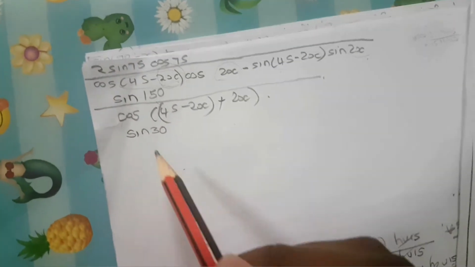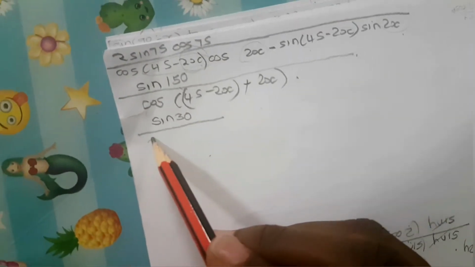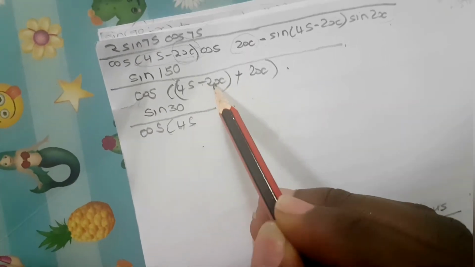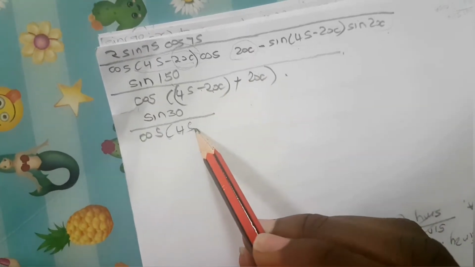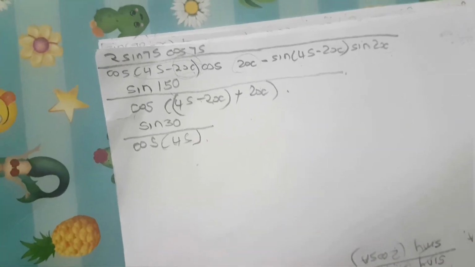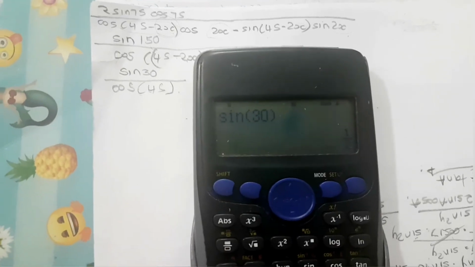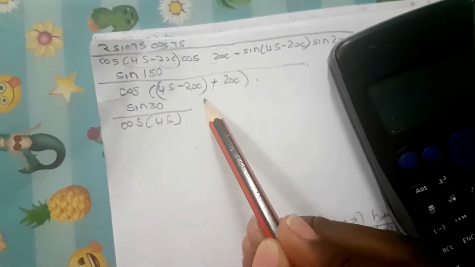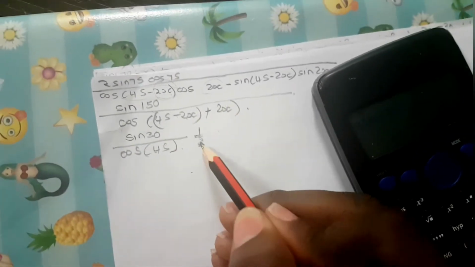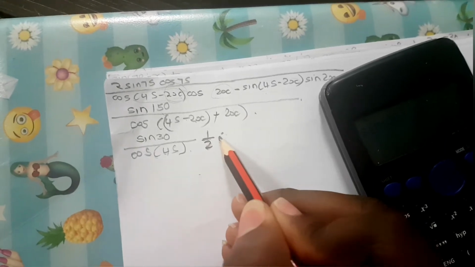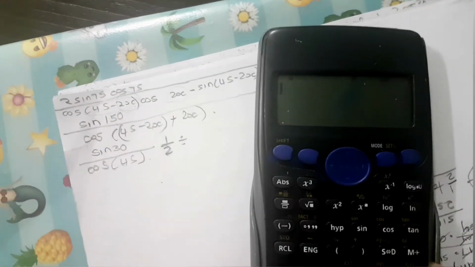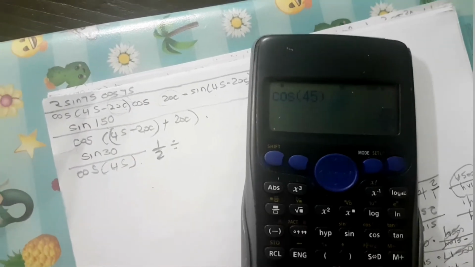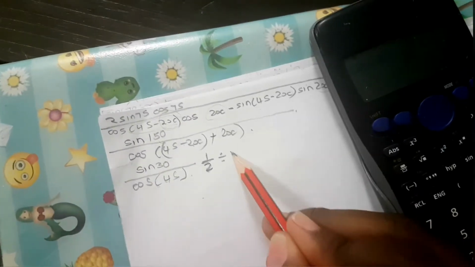And with that, we move on to the second part, and that's cos. You leave your 45 minus 2x plus 2x, which is 0. So that is what you are left with. Now you punch in your calculator sin 30, and that gives you a half.